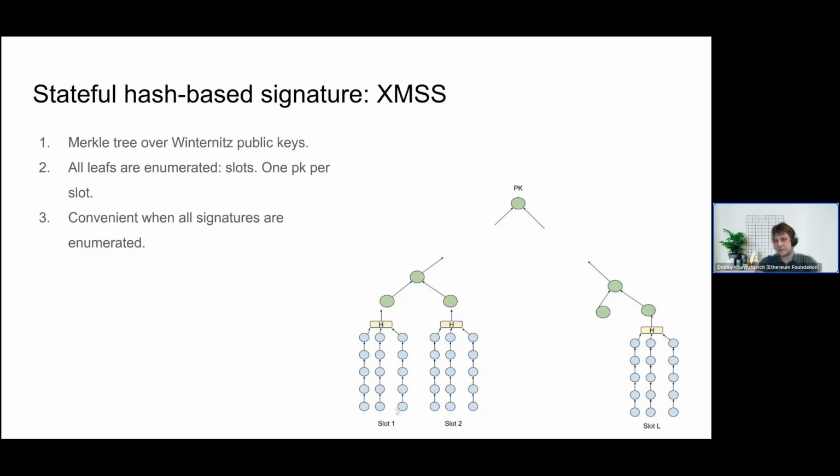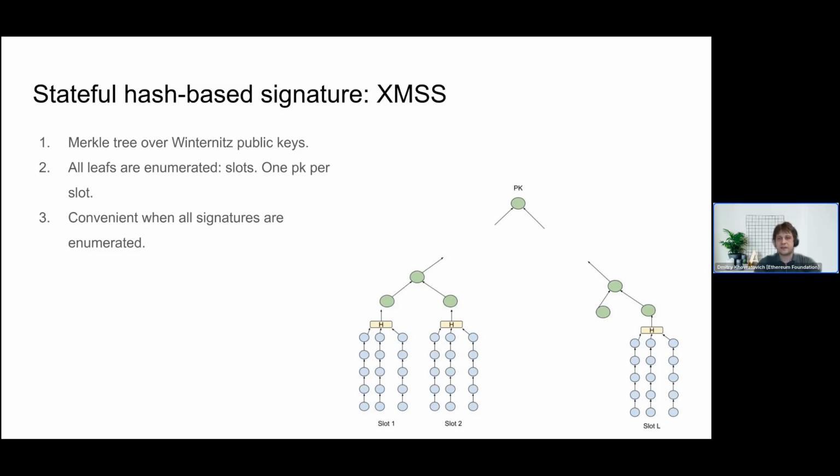So it's less convenient for the regular signatures we use on Ethereum to sign transactions, but in the context of the Beam chain, that's quite convenient, because slots are external ticks that tell us which signature to sign now.